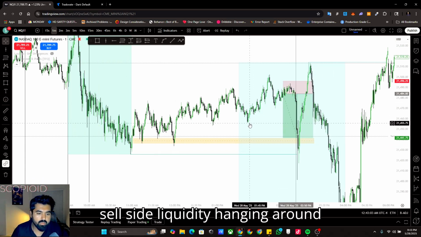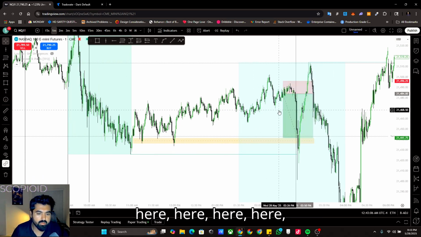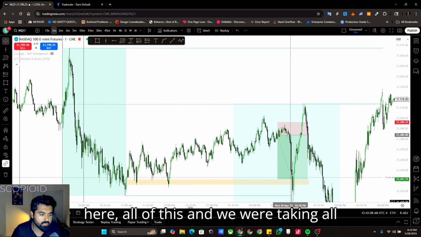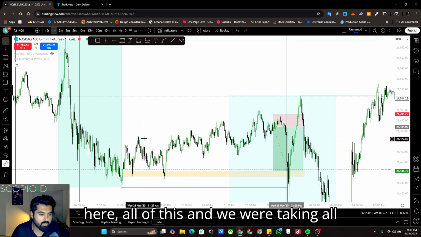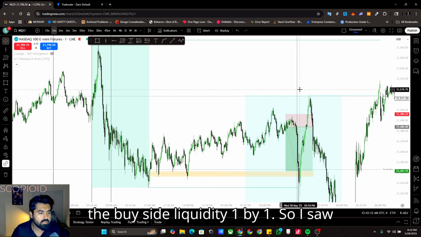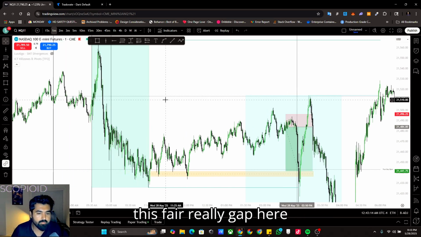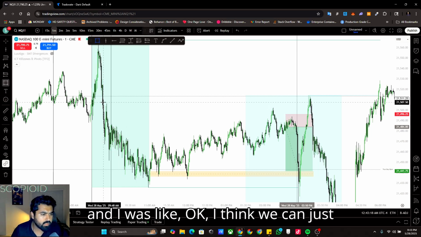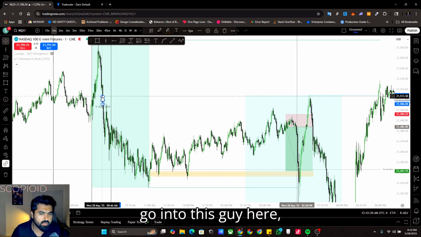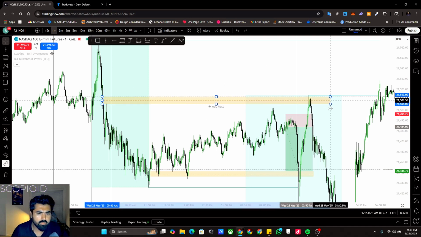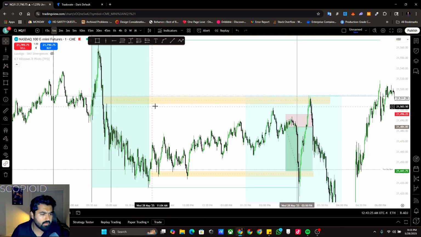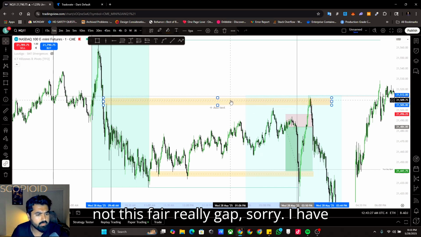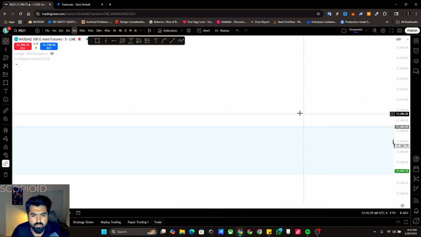side liquidity hanging around here, all of this. And we were taking all the buy side liquidity one by one. So I saw this fair value gap here. And I was like, okay, I think we can just go into this guy here. Not this fair value gap, sorry. I have to go down to a 5-minute chart.